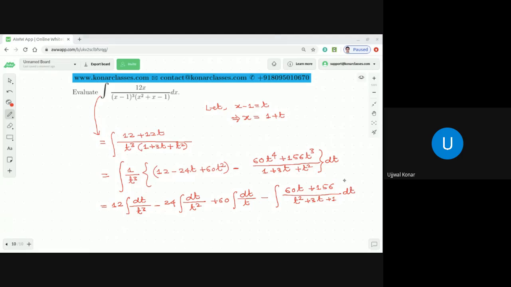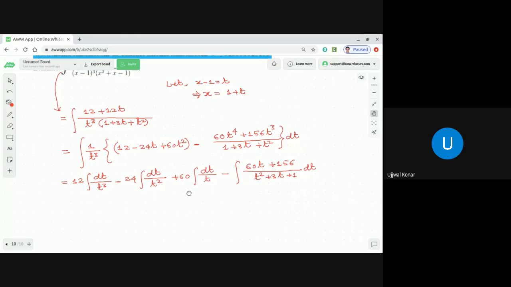So here, all these integrations are very straightforward. The left hand side, the three integrations, I'm not discussing at all because they are so straightforward. Only we should concentrate on this. Then we can make a proper substitution in t, with the simplification. Please try it out. We have done a few questions like this.